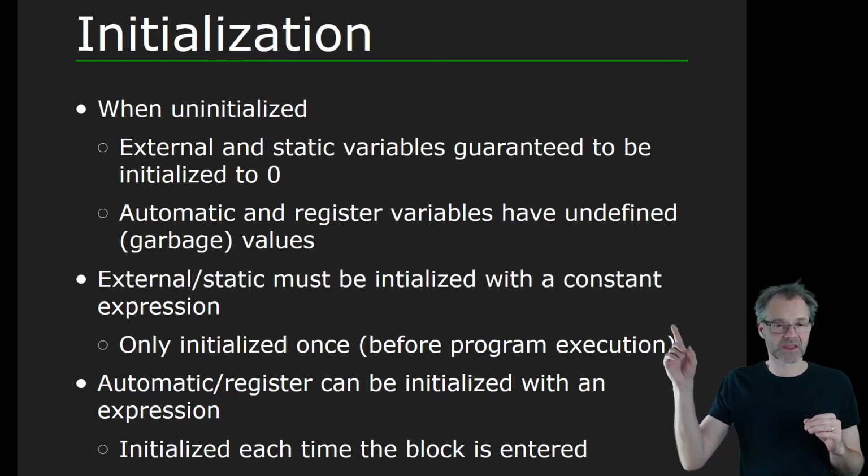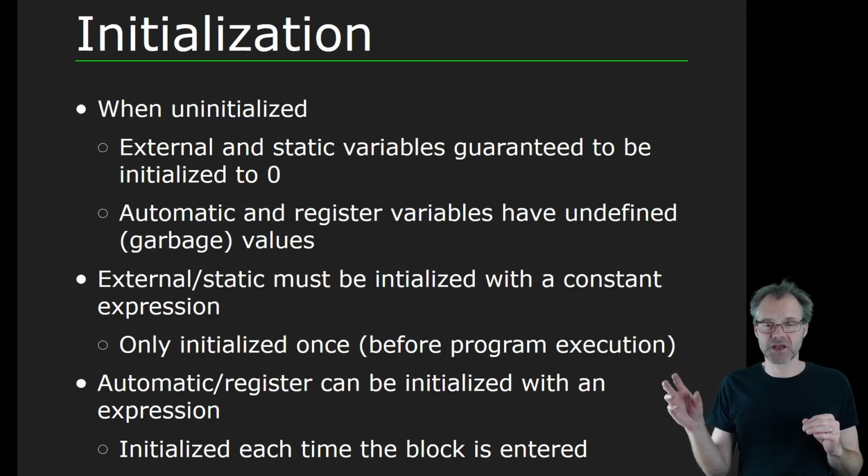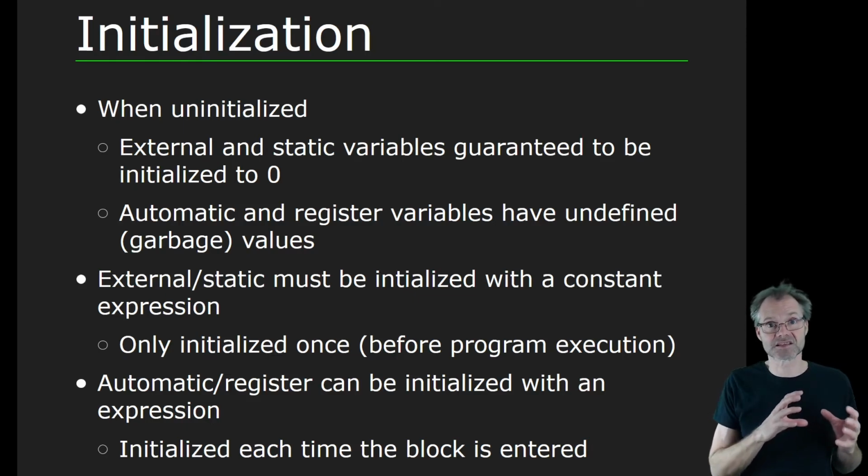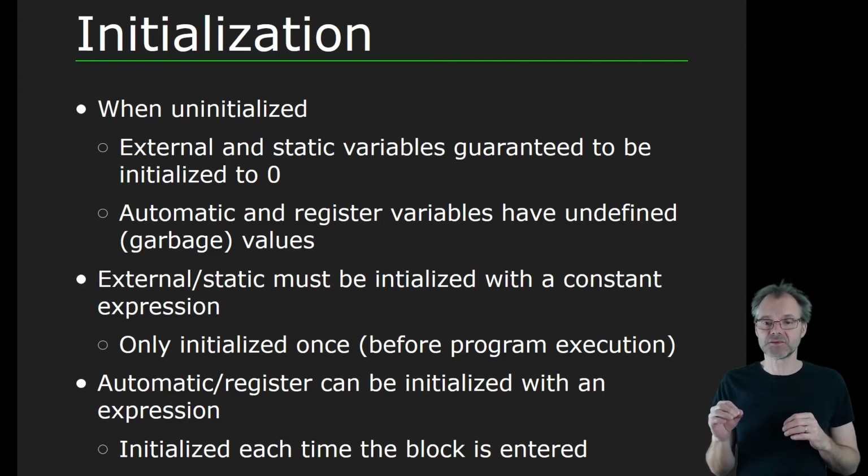Okay, good. But the auto and the register variables have undefined garbage values. So if we do not initialize an auto variable, which in general is all variables, since that is the default variable class, then it will be undefined.